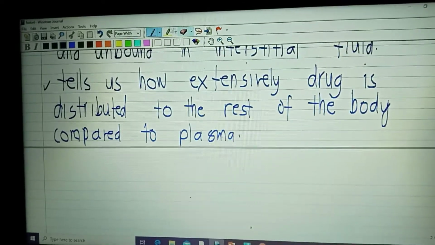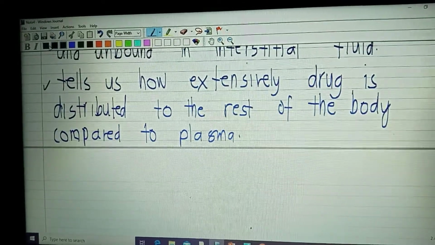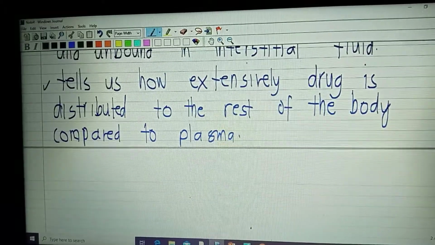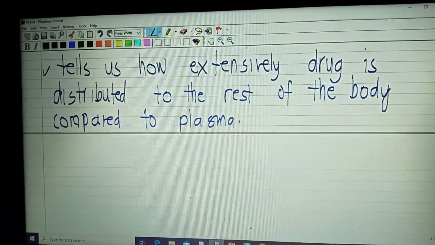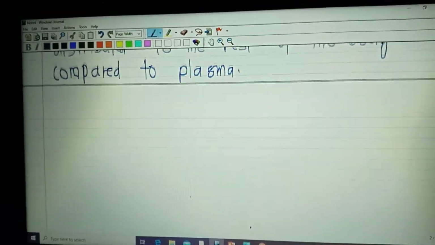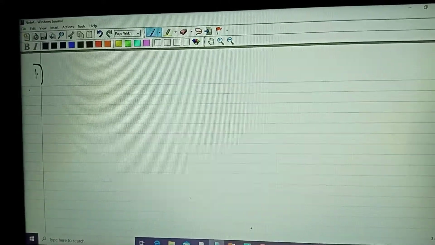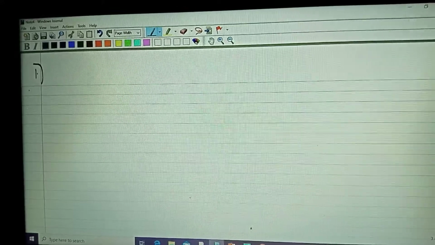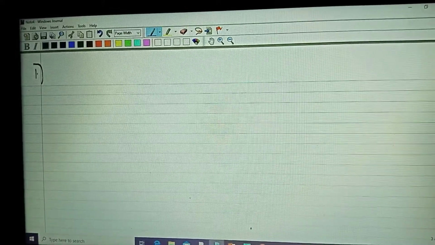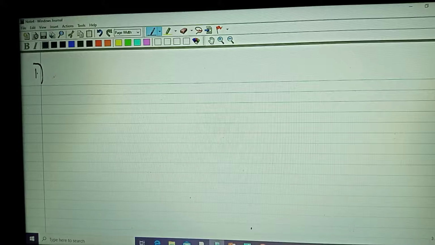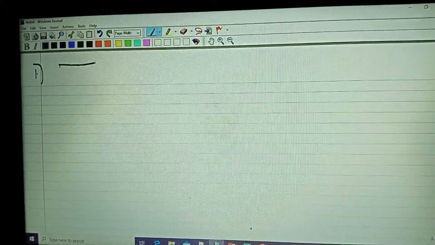For us to understand the concept of your VD, let me illustrate a particular figure so that we can understand. This is figure number 1. Look at figure number 1. Here is any volume of water that is measured in liters. Let me draw that.